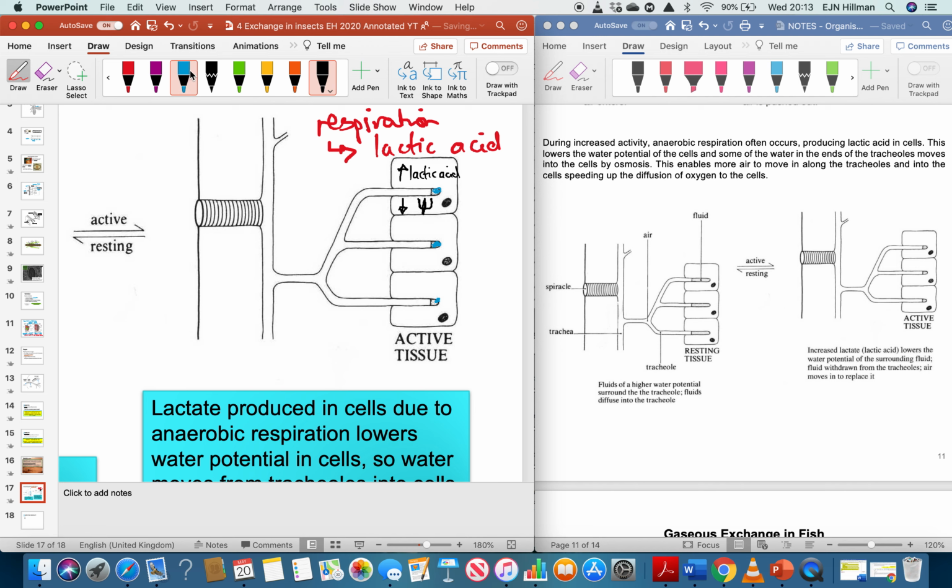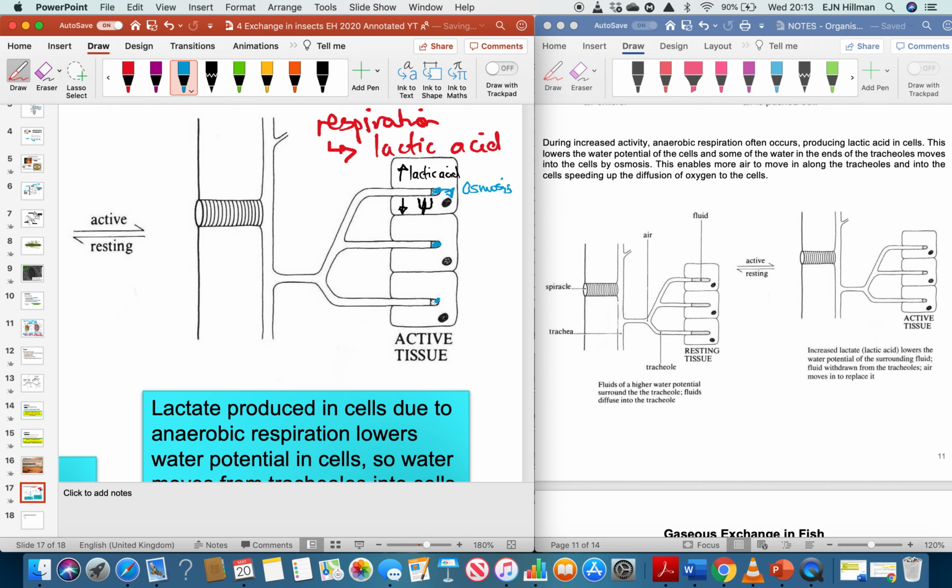Now, the water potential of the fluid is greater than the water potential of the tissue. So water moves into the tissue by osmosis down that water potential gradient. Okay, so the increased lactic acid lowers the water potential.